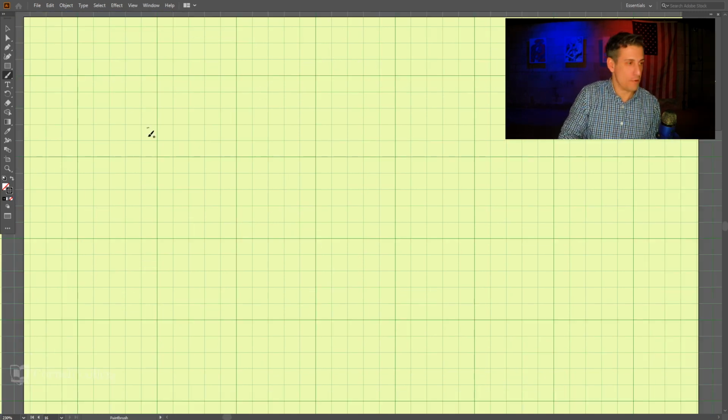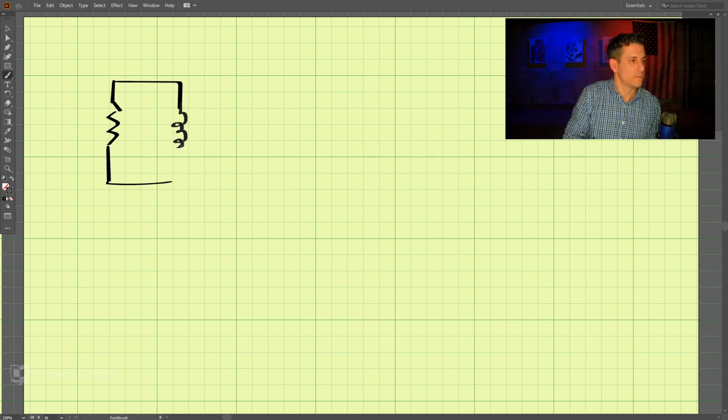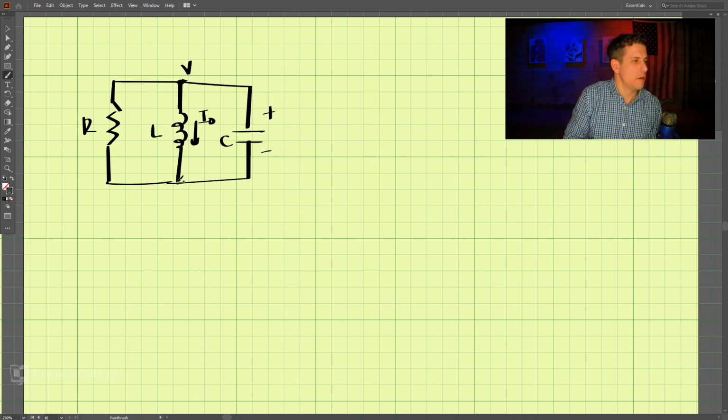So let's do an example problem. And I'm going to draw our source-free RLC circuit that is in parallel. We have L, R, and C. And this is our voltage up here.